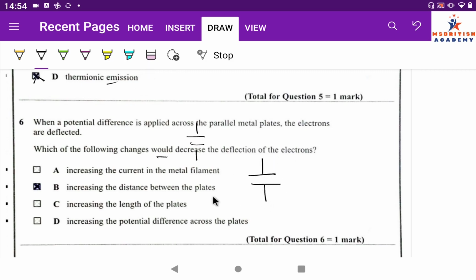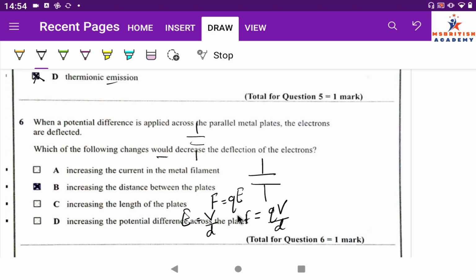As we know, the force formula is F equals Q times the electric field, and the electric field is equal to voltage divided by d. Substituting E, finally F equals QV divided by d.